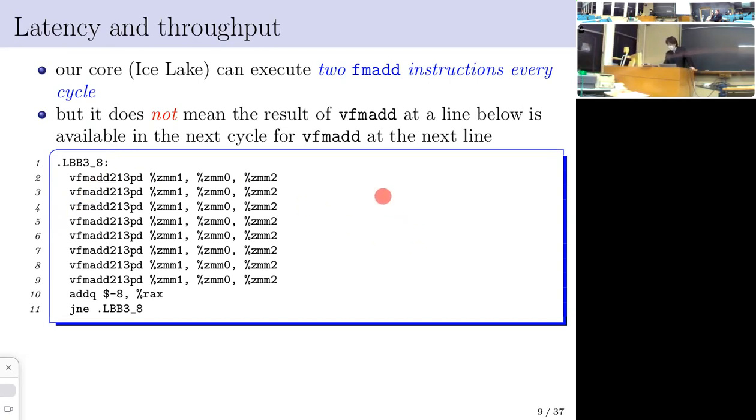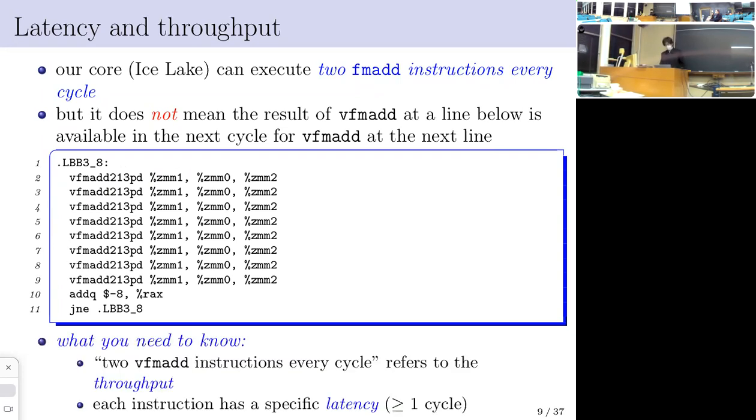So in other words, this peak performance, 2 FMRD instructions every single cycle, does not necessarily mean that the result of this FMRD instruction, for example, line 2, becomes immediately available to the next instruction. So this is the important concept you need to remember.